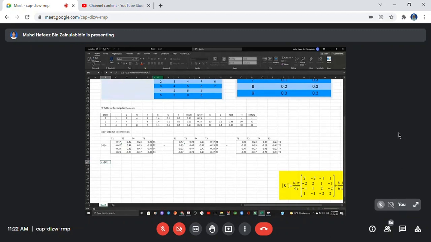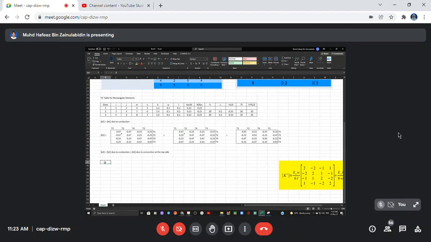Okay, K2 due to convection. If you want to make it more precise, K2 due to convection at the top side. In this case, 1, 2, 3 here.